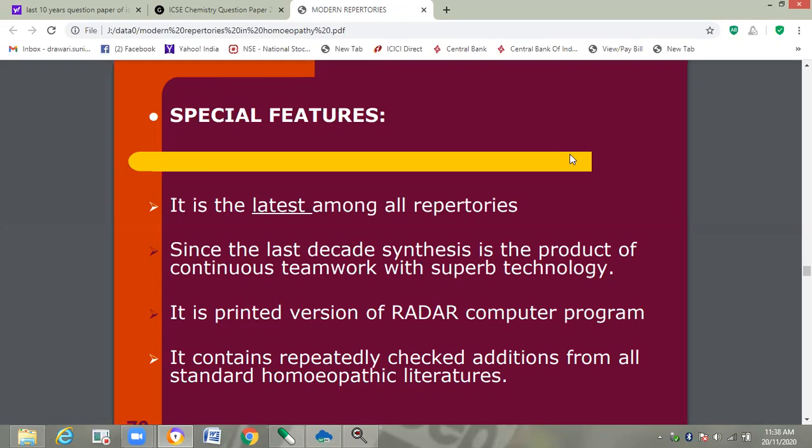In Synthesis 9 there are 805 bibliographical references, and in Synthesis 9.1 there are about 886 bibliographical references of different authors.